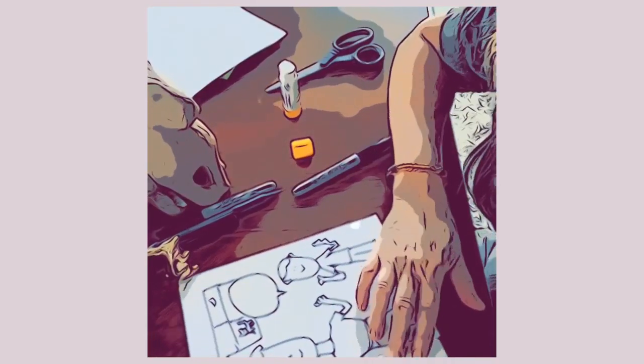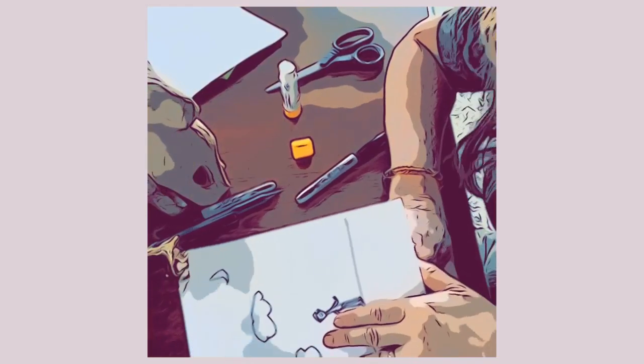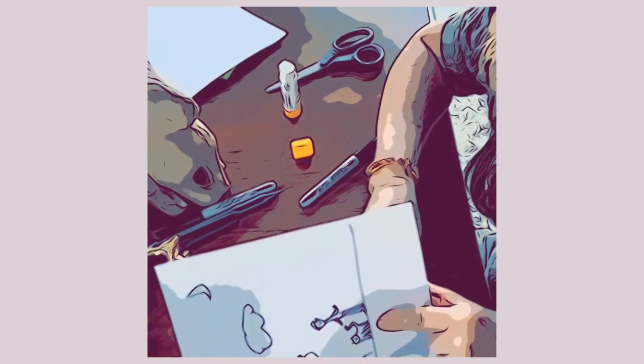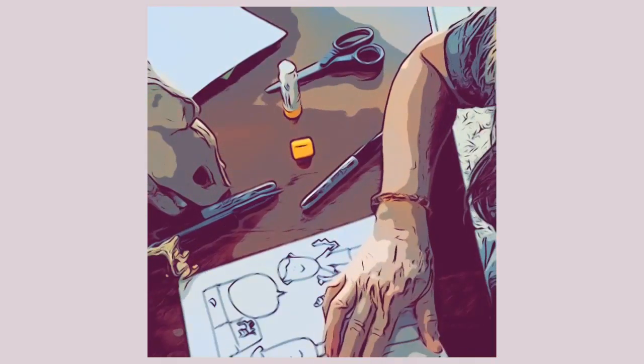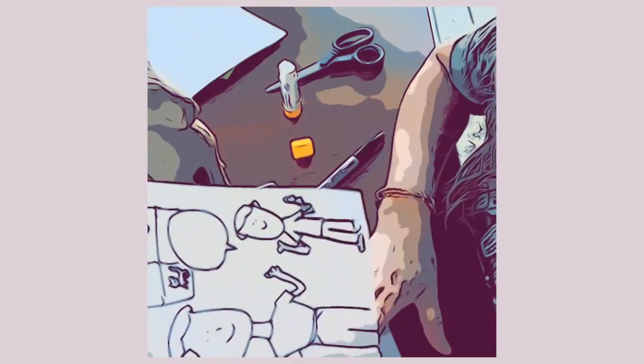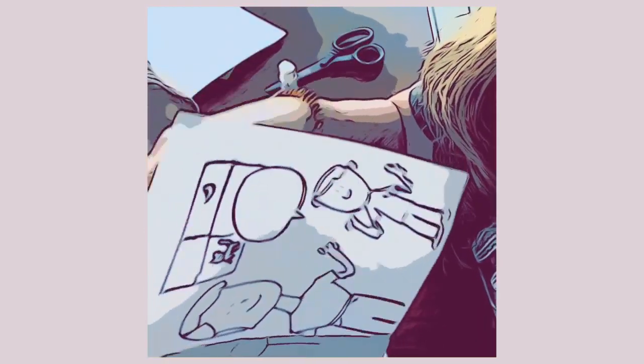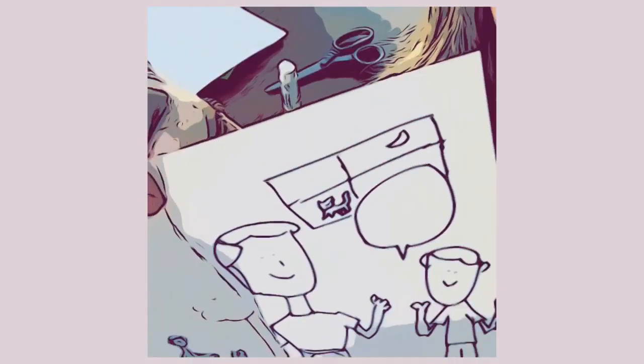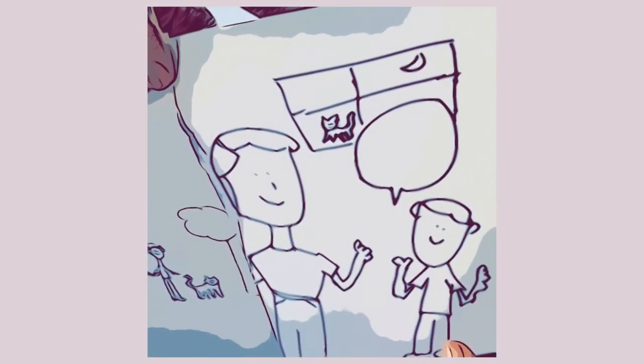Then after you decided what the situation or problem is that your character needs to solve, you're going to present how he's going to solve that problem. In this case, my character went inside.